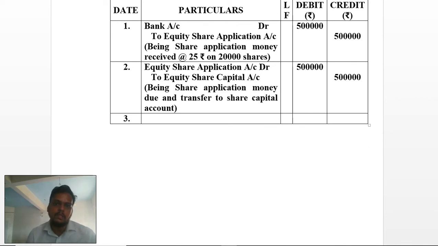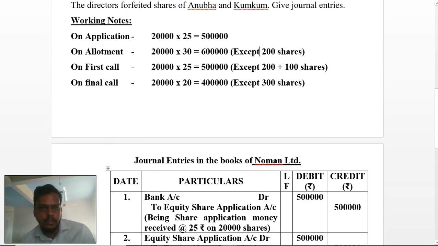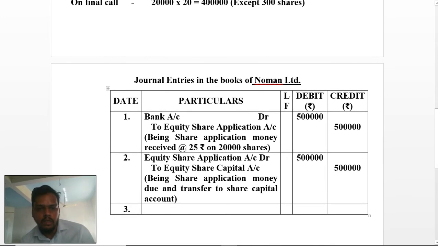Share application account debit to equity share capital account. The amount will be the same, the entry will be the same as I have mentioned over here. Now we will have certain changes here, as it has been mentioned that 200 shares' amount was not received. So before doing this amount receiving part, first we have to make a transfer. So let's begin the transfer part.